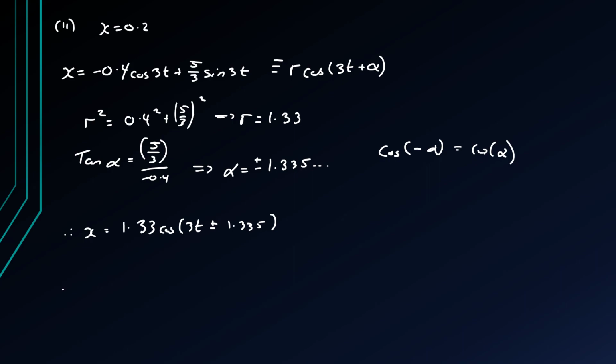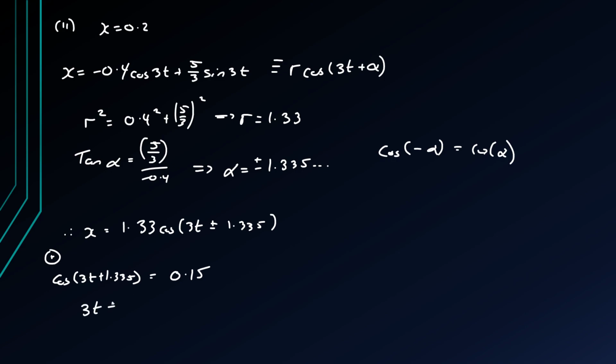So if we consider the plus case first, then we get cos of 3t plus 1.335 is whatever 0.2 over 1.33 is. Alright, 0.15. Do a cos inverse.